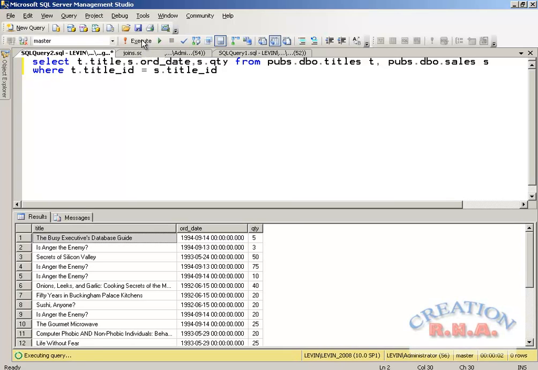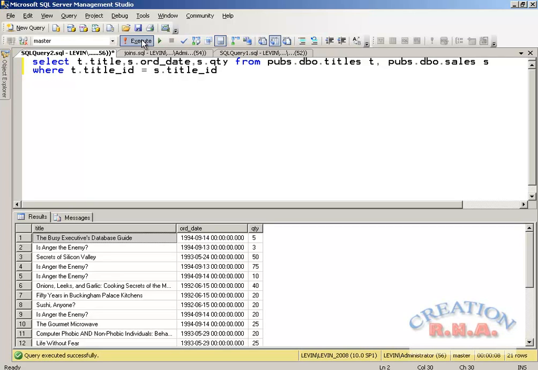The data has been derived from two different tables, and there was a key present in both tables, the title ID, and on that key the tables were joined. Now this is the equijoin. When you use the equijoin, only the data with the key matching in both tables is retrieved.